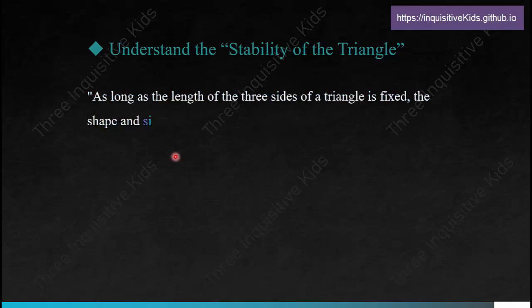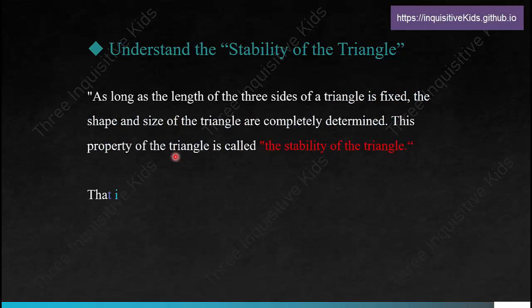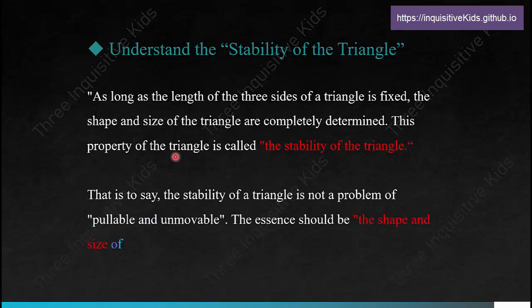As long as the lengths of the 3 sides of a triangle are fixed, the shape and size of the triangle are completely determined. This property of the triangle is called the stability of the triangle. That is to say, the stability of a triangle is not a matter of movable and unmovable. The essence is that the shape and size of the triangle are determined when the lengths of the triangle sides are determined. So what I want you to quickly write on your notepad is that triangles have stability.